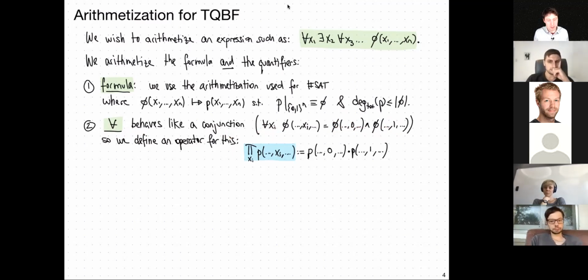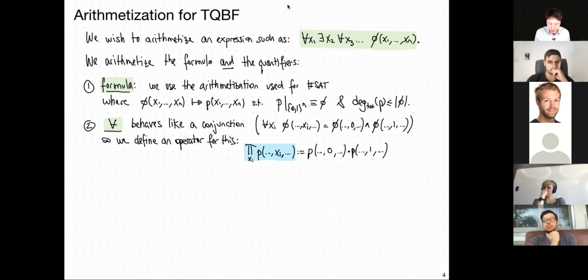So the universal quantifier on a variable is like taking the AND of two copies of the formula with xi being 0 and xi being 1. But we have already seen how to arithmetize ANDs. That was just multiplication.